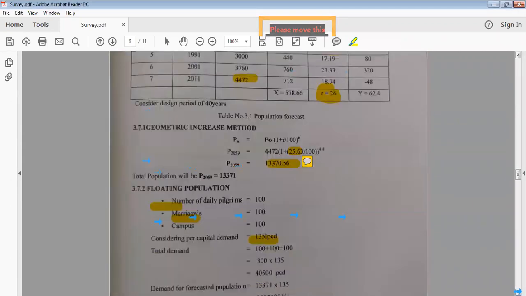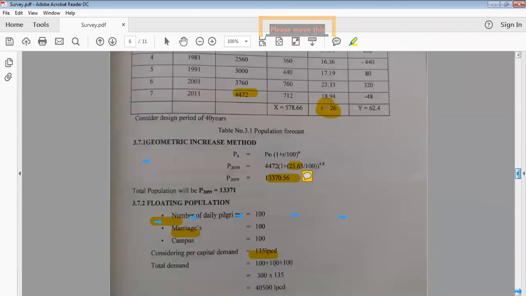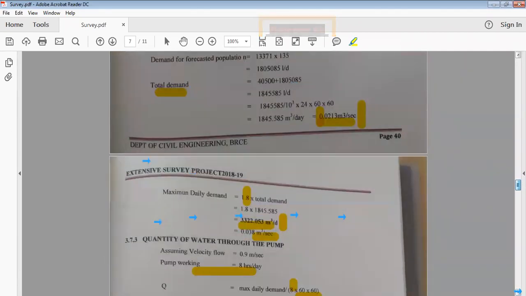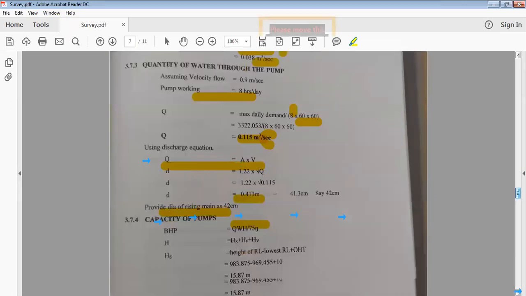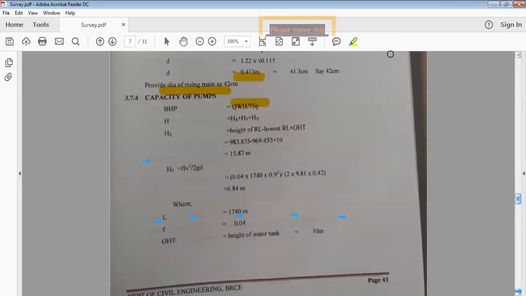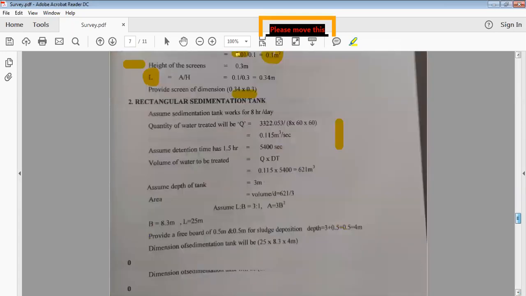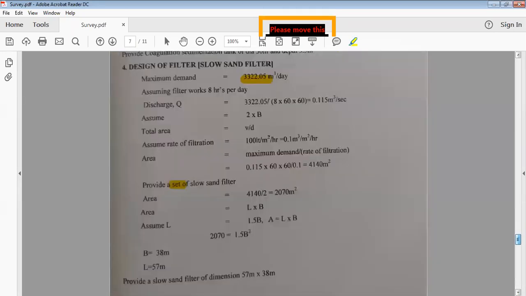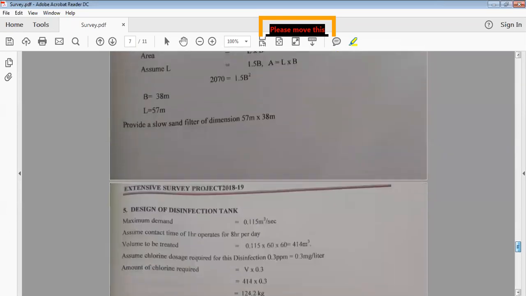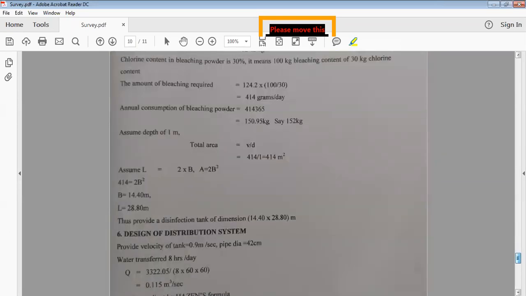Actually, they do not only do it like this. What you're studying is 40 years old data, the old way. But what they are doing now, after designing this treatment plant, the main problem we will face is designing the distribution network.